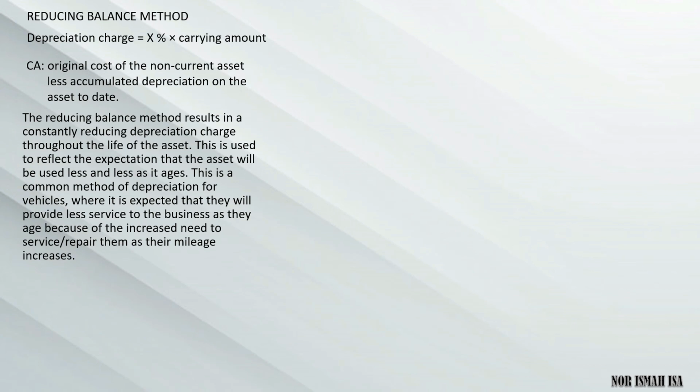This reducing balance method is always applied for non-current assets where the usage will be reduced in later years. For example, for a vehicle, with more usage over the years it will need more maintenance, so the usage will decrease.